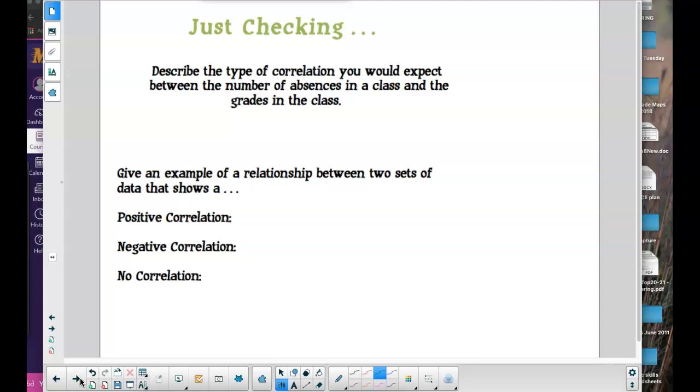It probably is going to drop, right? If you miss class a lot, your grade tends to go down. So if there are more and more absences, the grades are going to go down. What type of correlation is that? They're going in opposite directions. Negative.